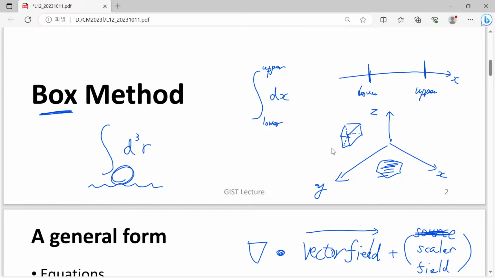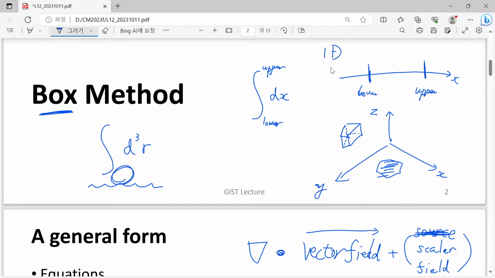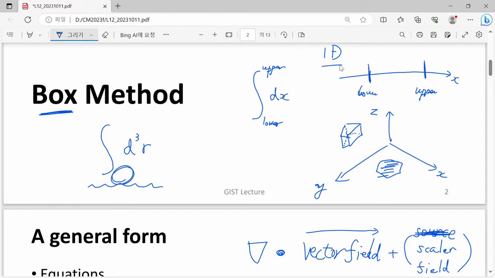So everybody understand? Since we worked in 1D, the integral domain was quite simple, just a one-dimensional integral.